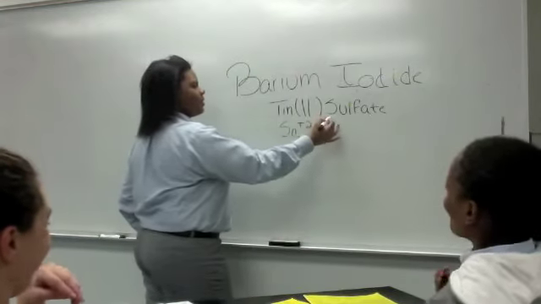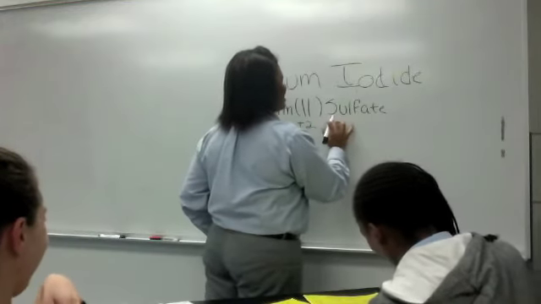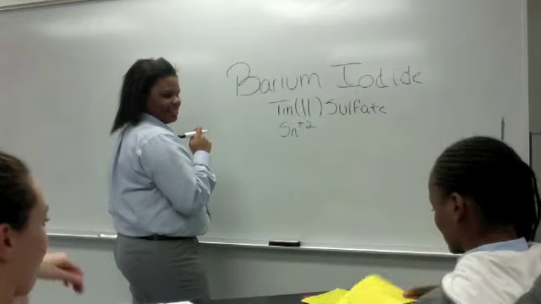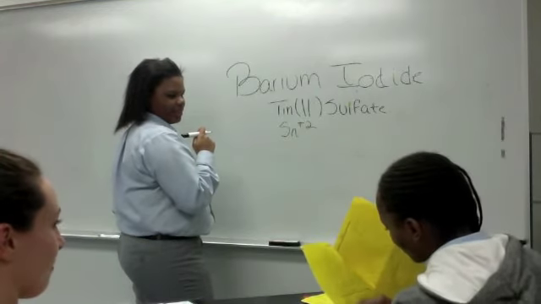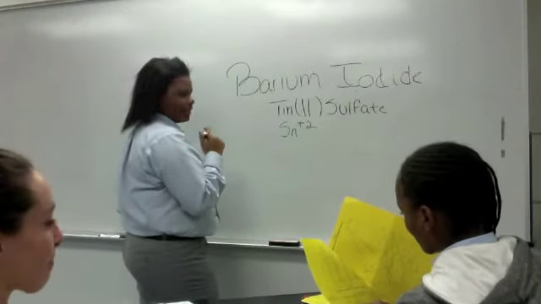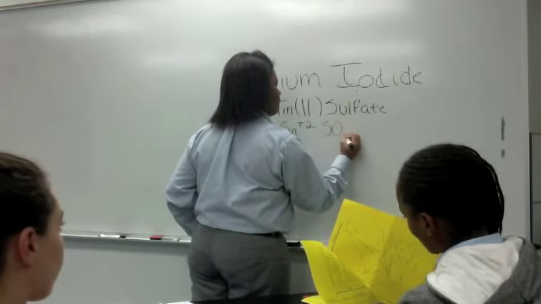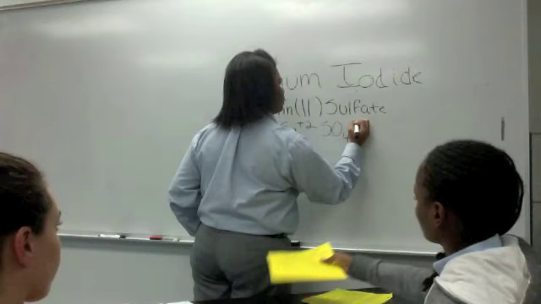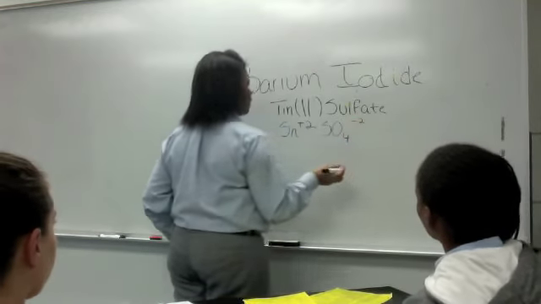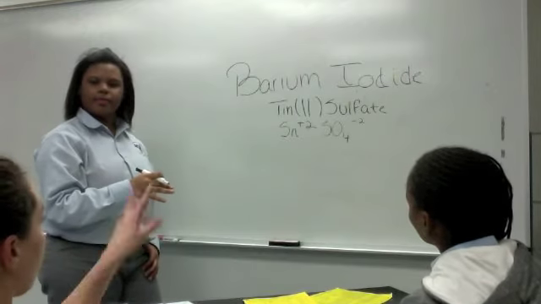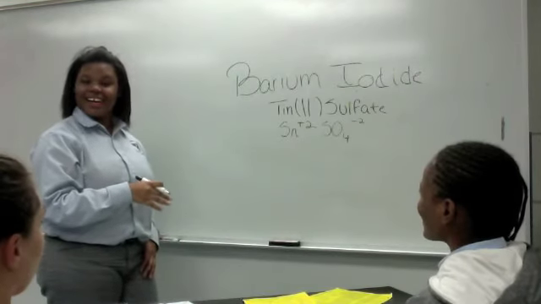Alright, so what's the symbol for sulfate? Sulfate is SO4 with a charge of -2. So do we have to do any working out right here? No, because the charges are the same and cancel out.